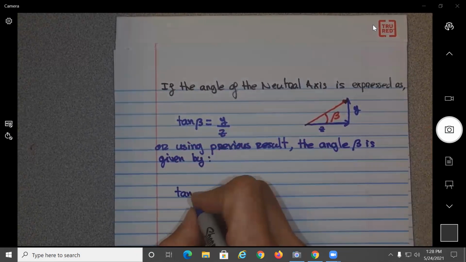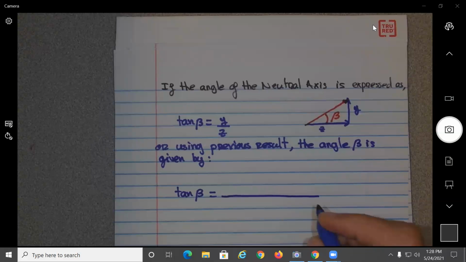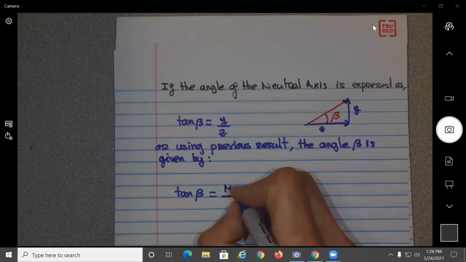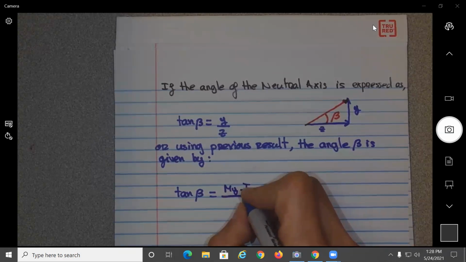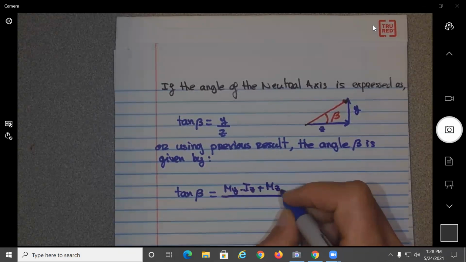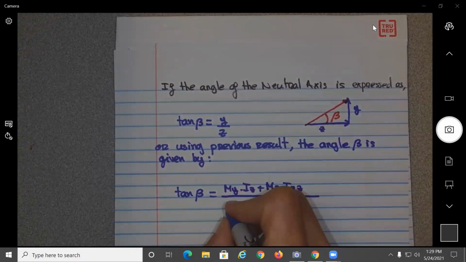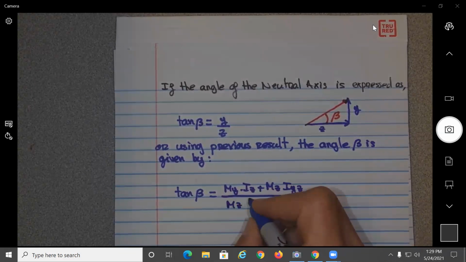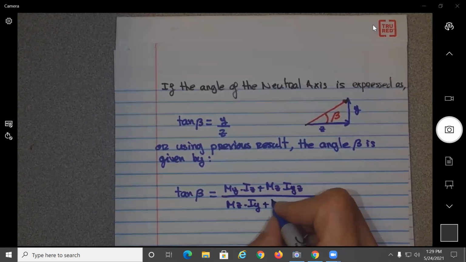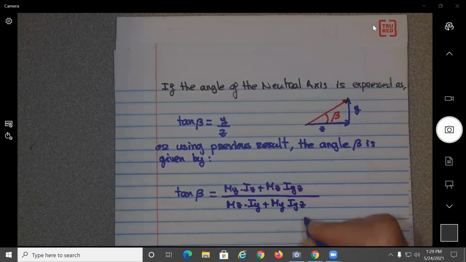I'm going to use the blue: tangent beta, and it's the same expression as before, which is My Iz plus Mz Iyz, over Mz times Iy plus My times Iyz.